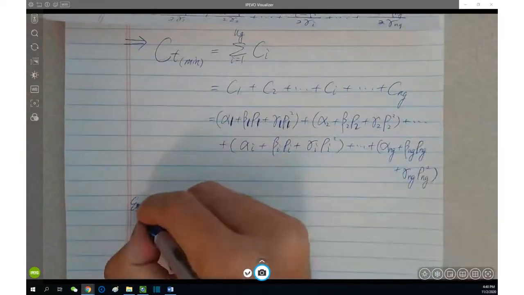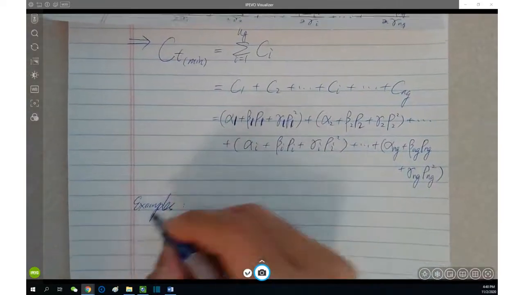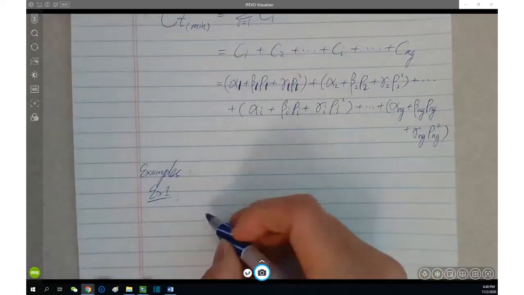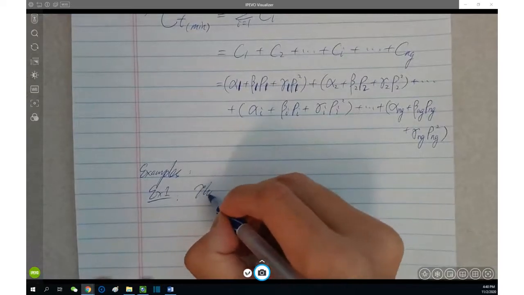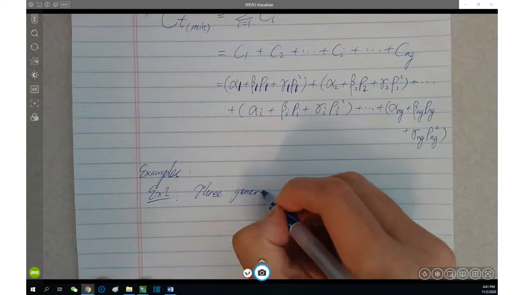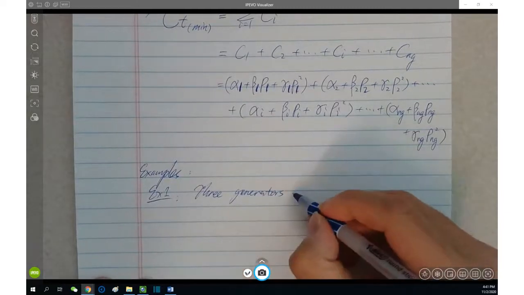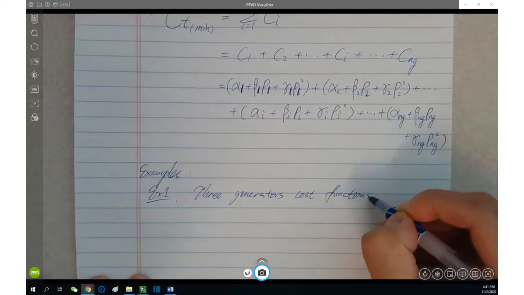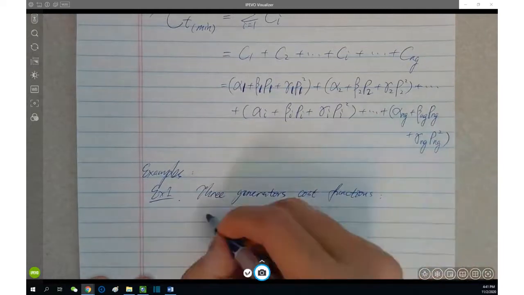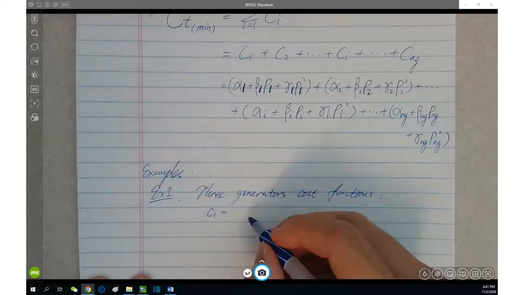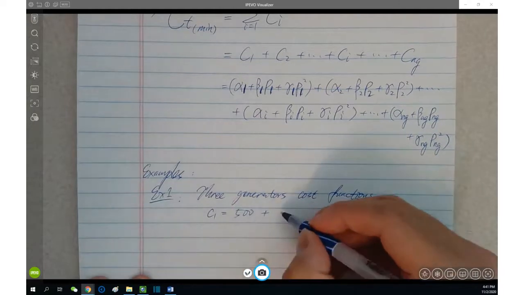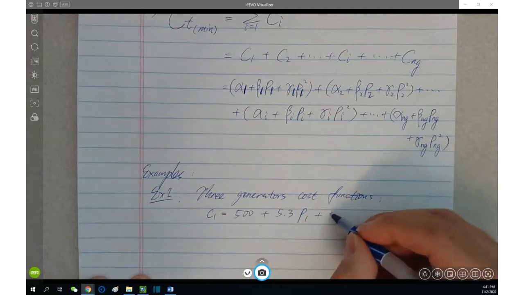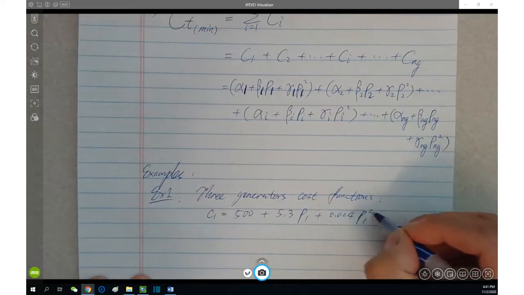Example 1. 3 generators. Cost functions are given. C1 equals 900 plus 3 P1 plus 0.004 P1 squared.